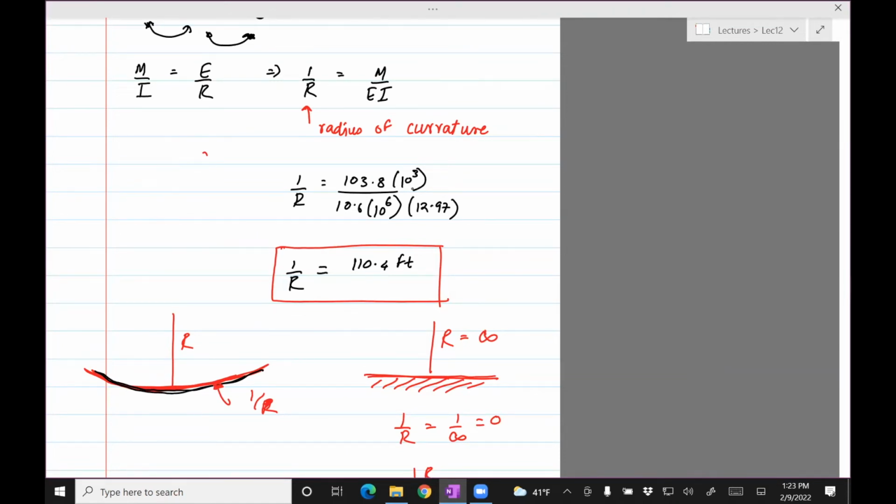No, I get it's not right. That should be a really small number. Let me just check this.